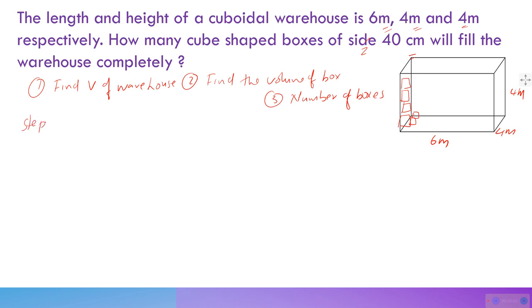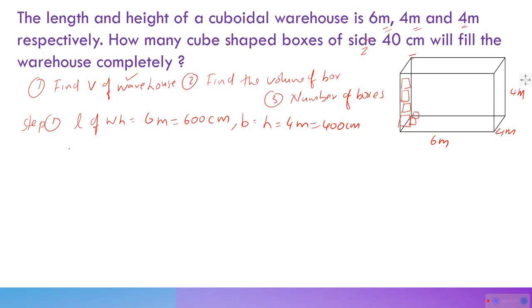Step 1 will be such that we will find out the volume of the warehouse, right? Find the volume of warehouse. So it is given that length of warehouse is equal to 6 meter. As I told you, I am converting it into 600 centimeter. Breadth is given as 4 meter, which is 400 centimeter, and as well as height is given as 4 meter, which is equal to 400 centimeter.